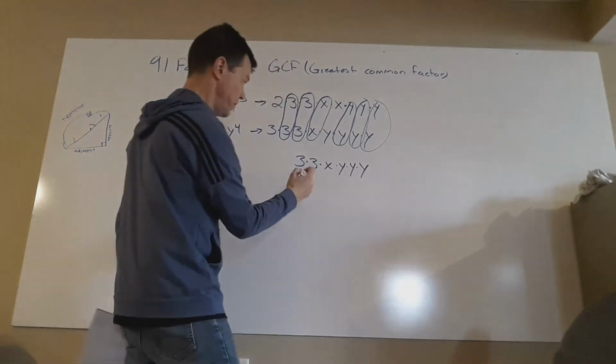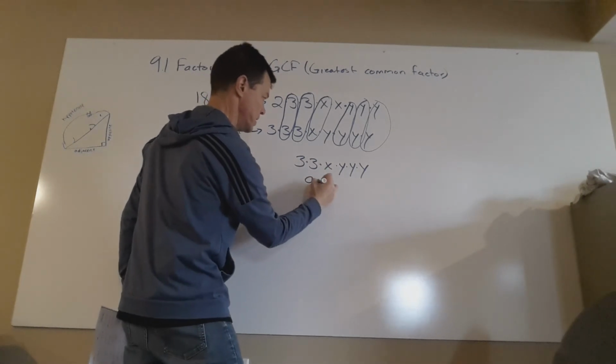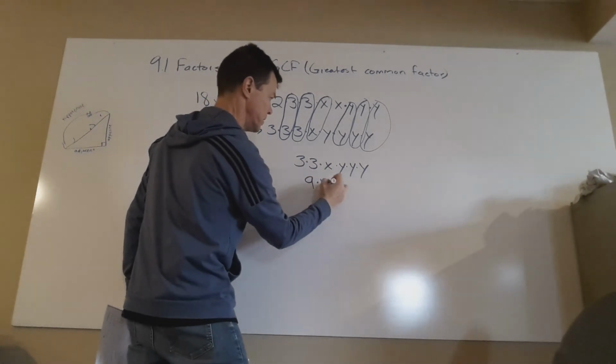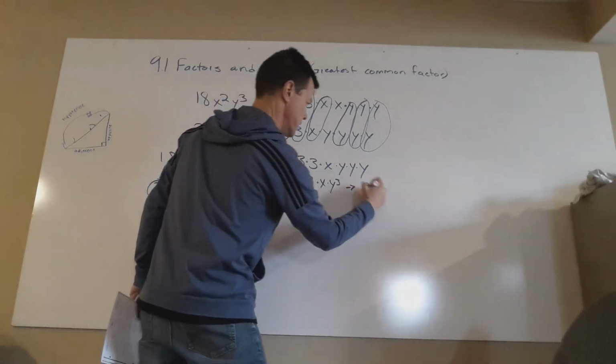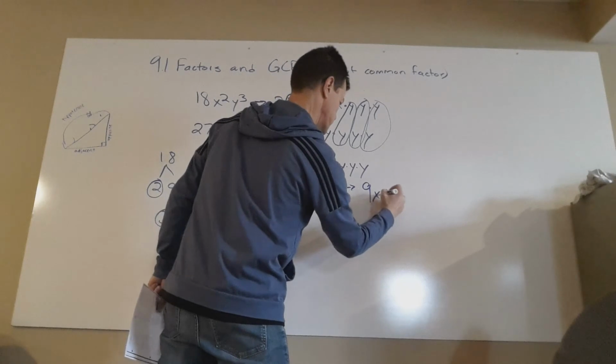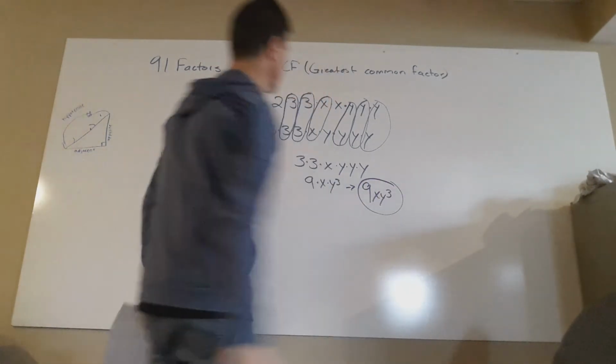And we could simplify this out to be 3 times 3 is 9 times x times y cubed, and again 9x y cubed. That would be your greatest common factor.